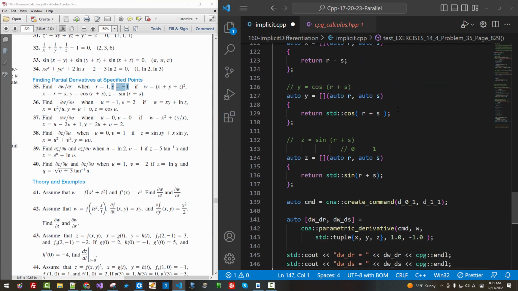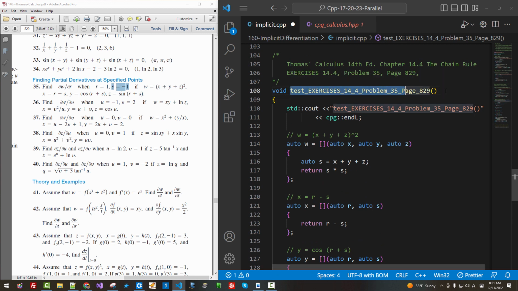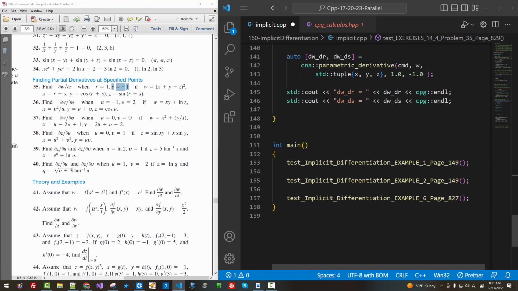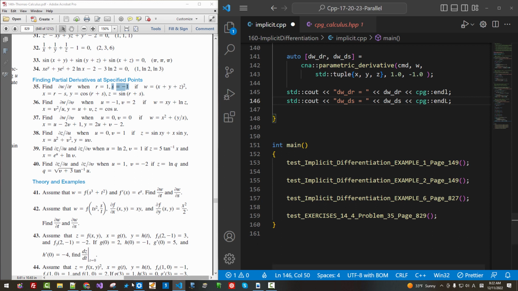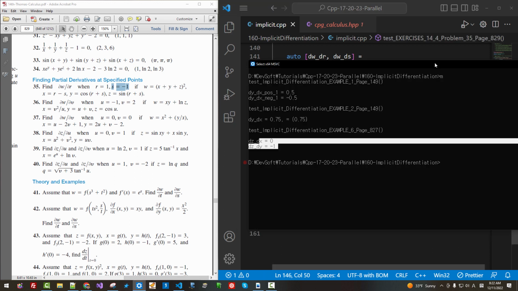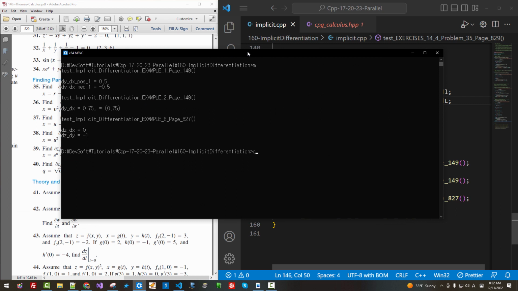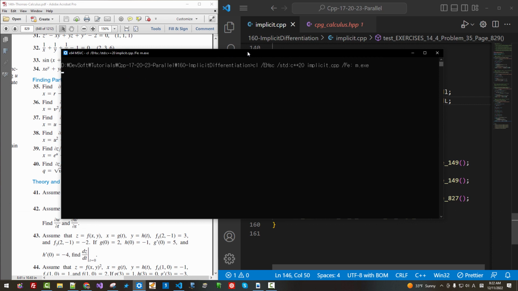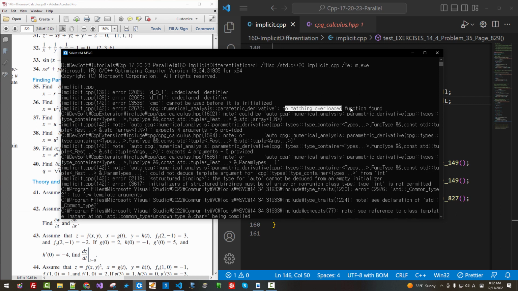Now copy this function name, paste it here, semicolon. I will use cpz::L. If you try it with the Microsoft compiler, no matching overloaded function found.